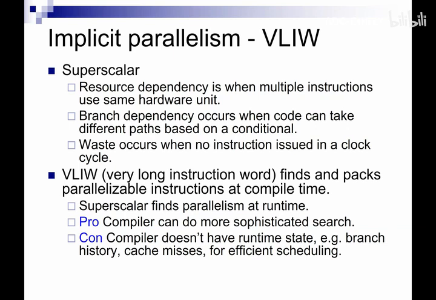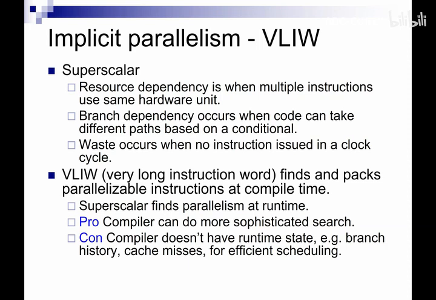And so there might be parallelism available at runtime that you cannot predict at compile time, because we don't know how the instructions have branched and what kind of cache misses we have. So if you use compile time parallelism, you might actually miss some instructions which could be executed in parallel.